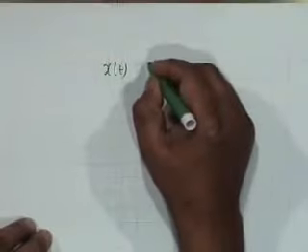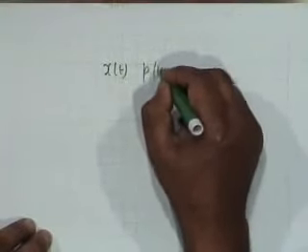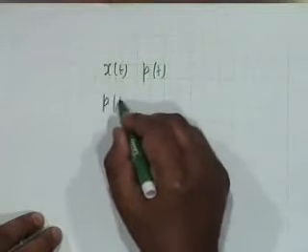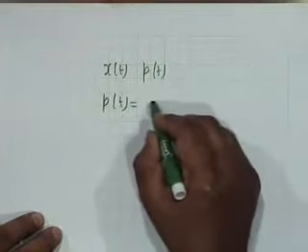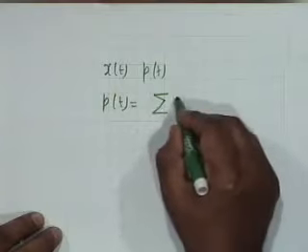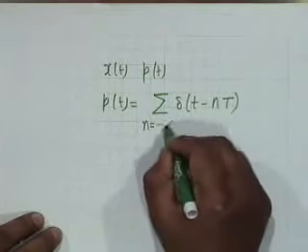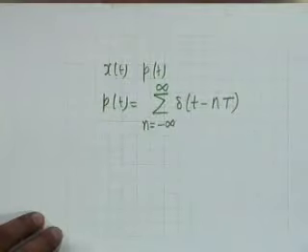The example was that x of t was multiplied by a p of t, the sampling function, impulse sampling, where p of t was equal to summation delta of t minus nT, where n goes from minus infinity to plus infinity.